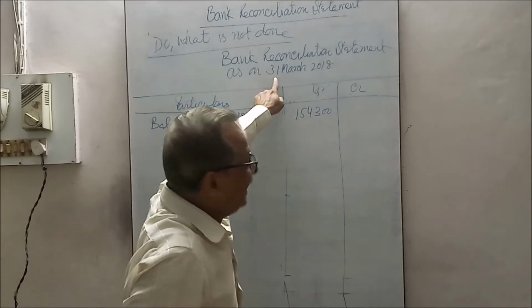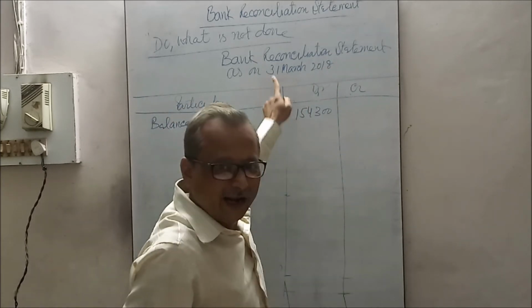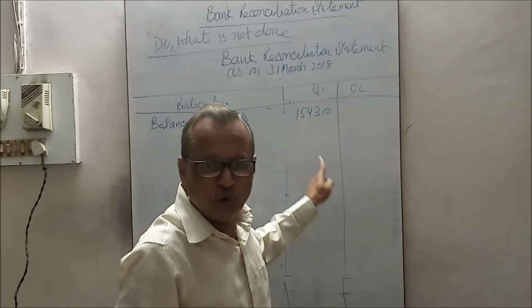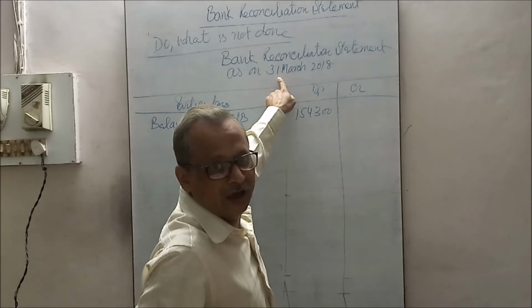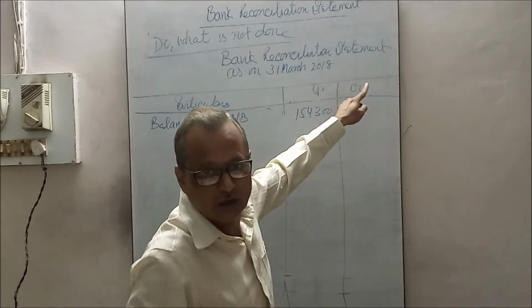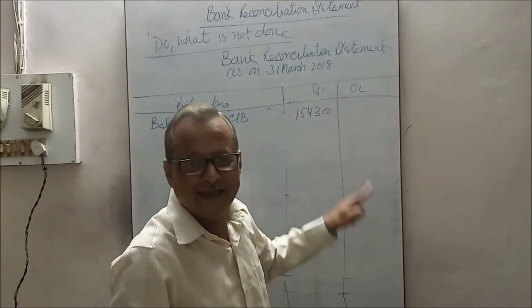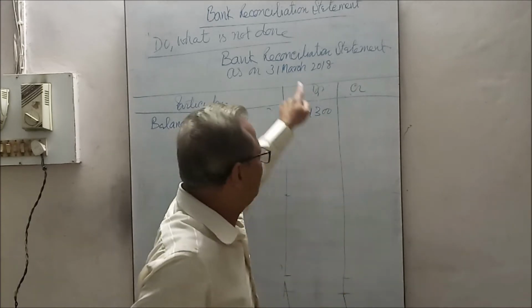Remember, within that period, all items should be recorded. Those items which have not been recorded in this period, or are recorded later on, are presumed to be the cause of difference up to that date.